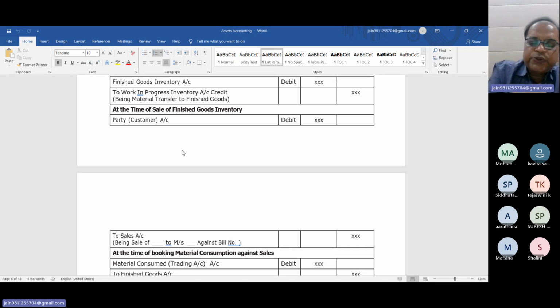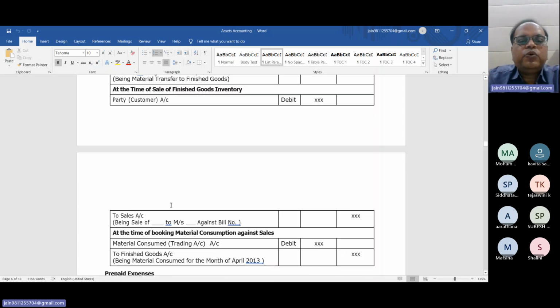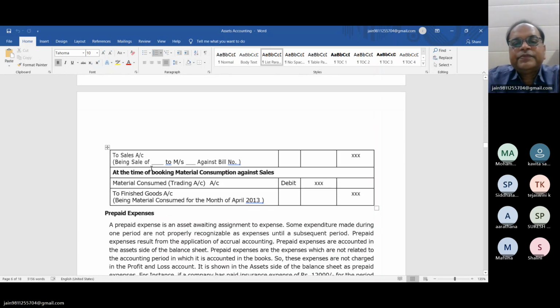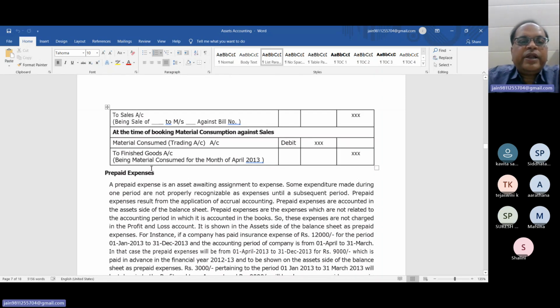Whenever we purchase the goods, the entry is purchase account debit to party, or whenever you sell the goods, party account debit to sales. Same entry, party account debit to sales. Clear? Now at the time of booking of material consumption, again the sales. So material consumed account debit to finished goods. This consumption we will transfer to the trading account.